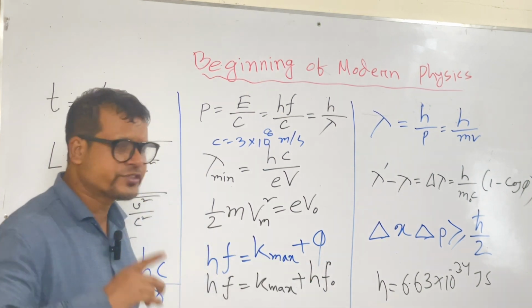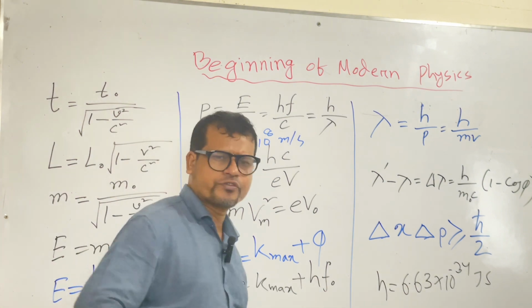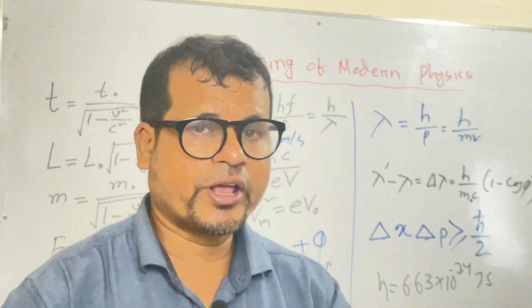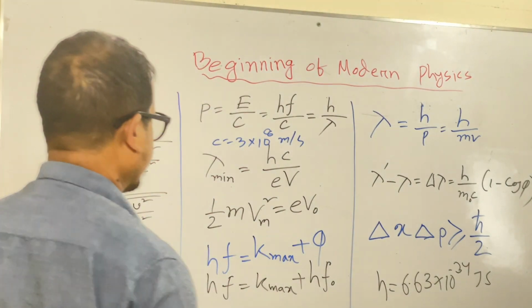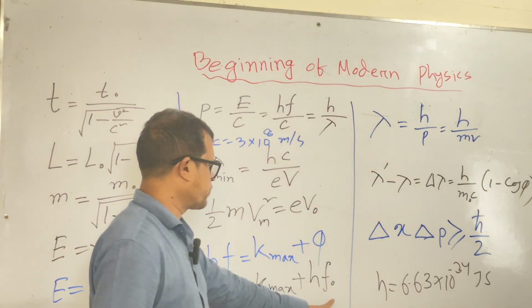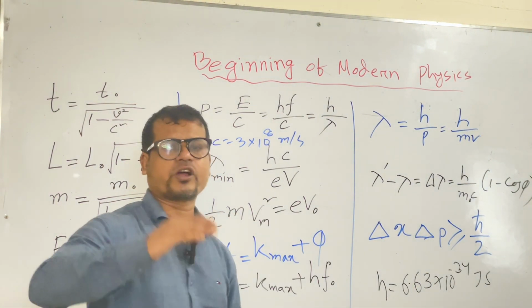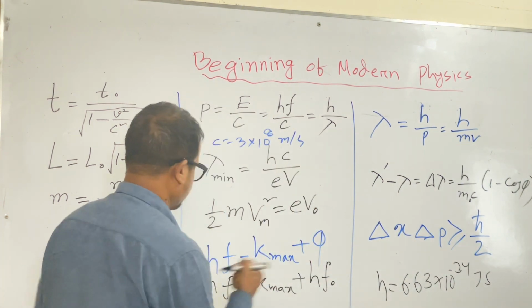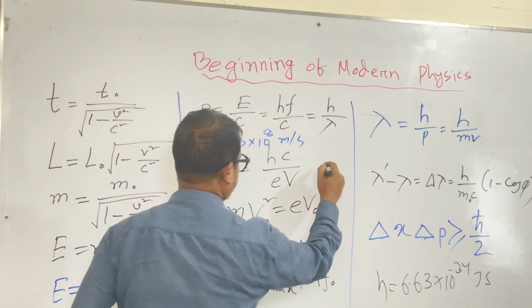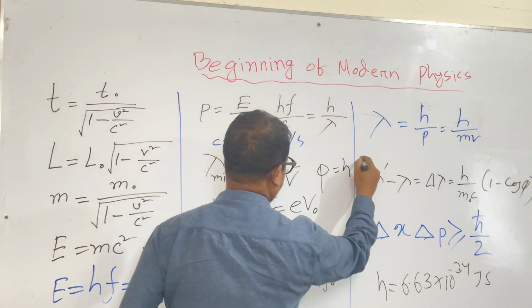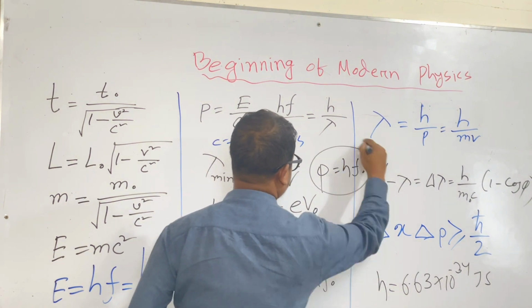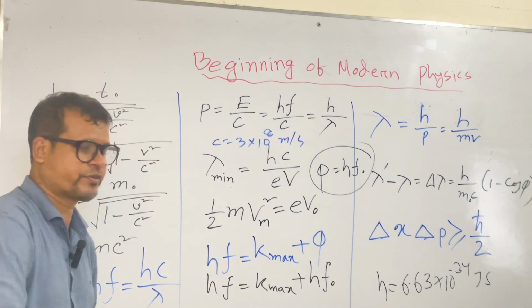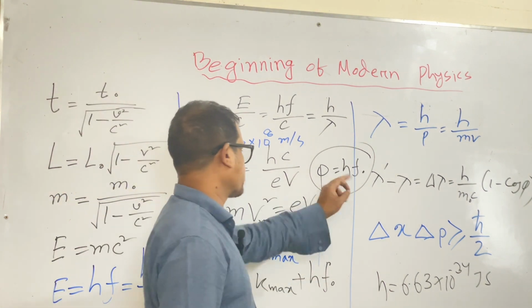If the question gives you f naught, the threshold frequency, and h, you can find phi, the work function. phi equals h f naught. If the question gives you the threshold frequency, you can find the work function phi.